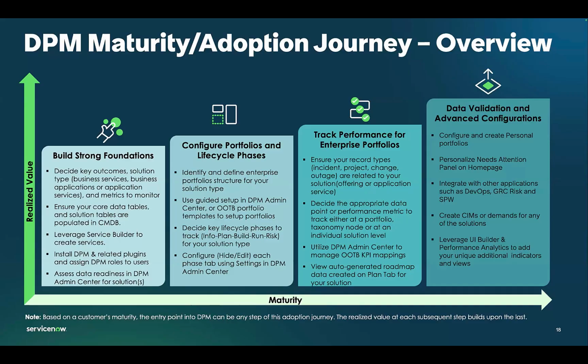We have the DPM adoption journey and DPM blueprint available on community. Right now I'm just showcasing one slide, but it's actually 10 or 15 slides that go deeper into each of these points. It helps you think about what can be my business service versus what can be my business app.